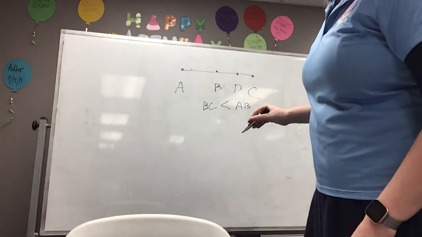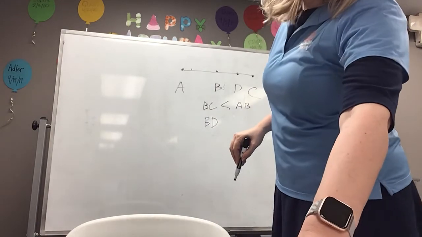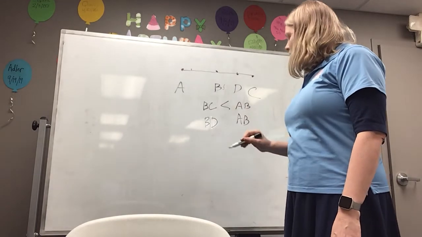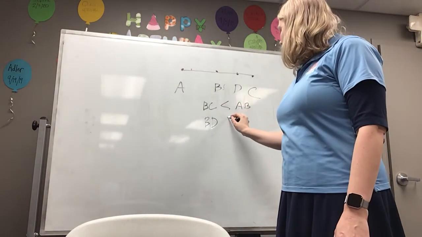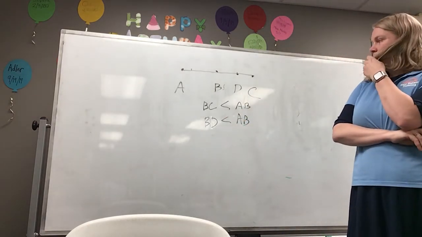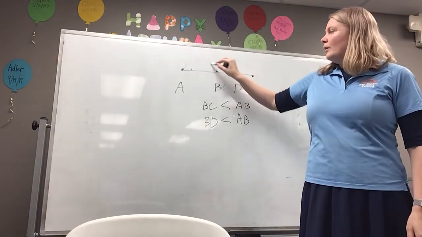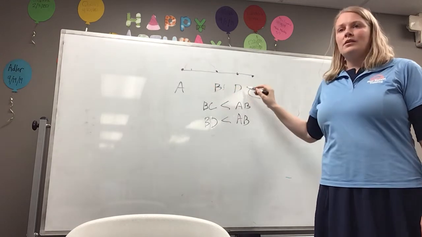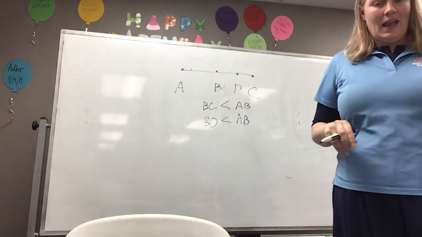BD compared to AB. And they're saying BD has to be smaller. AB is here, BD is there. Again, B is squishy. We can move it anywhere we want. There's nothing that says that has to be smaller.